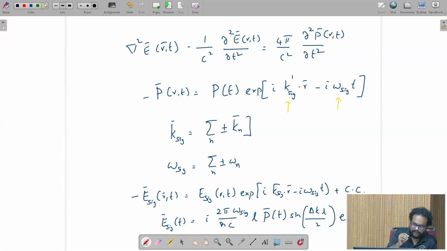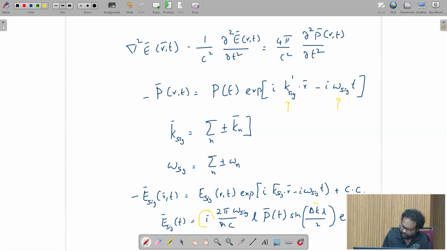A few important points. So this is the emitted signal due to this polarization as you have interaction through a medium of length L. There are two important terms here. One is there is an imaginary term here, which means the emitted field will always have a phase shift with respect to polarization.